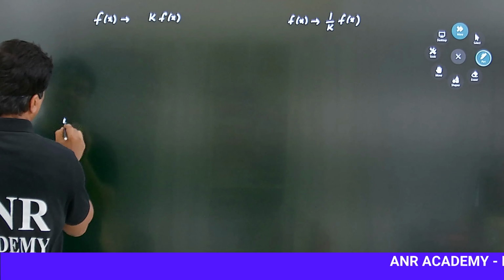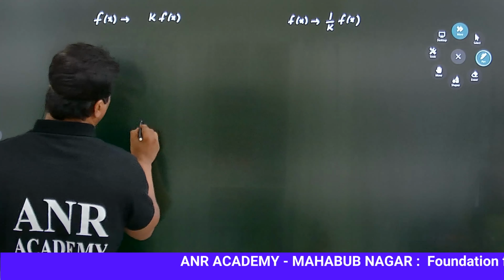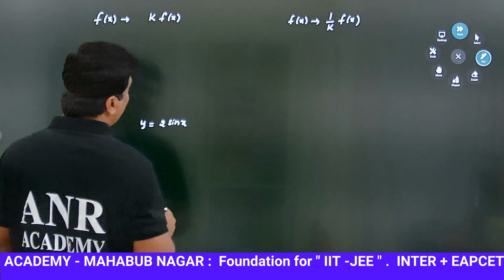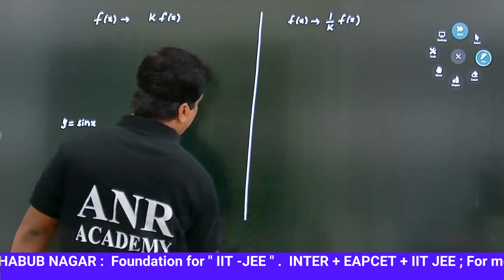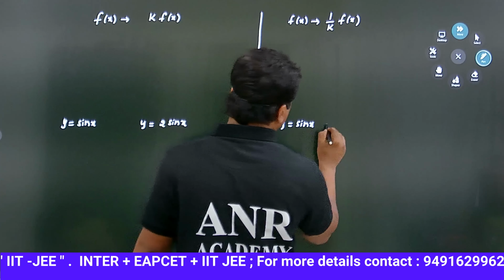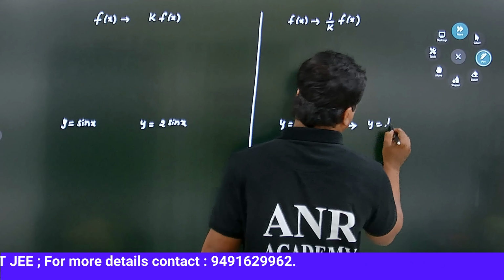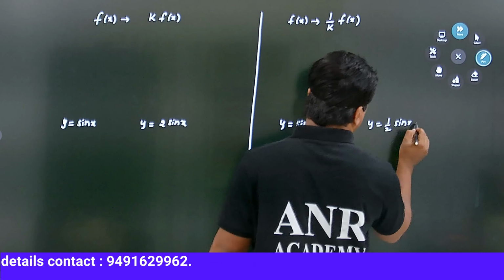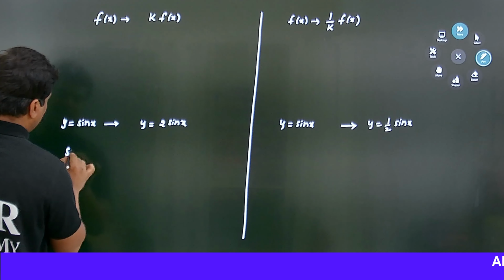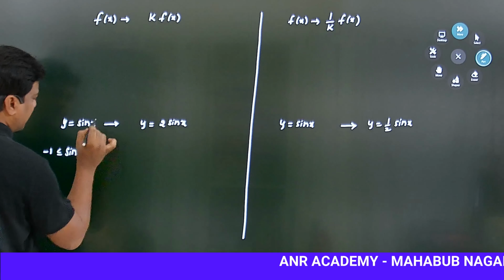Suppose you have y equal to sin x, then how to draw the graph of y equal to 2 times sin x, observe. And in the second case, suppose you know the graph of y equal to sin x, then let us observe how to draw the transformation y equal to 1 by 2 of sin x. You know that sin x value always lies between minus 1 to plus 1.